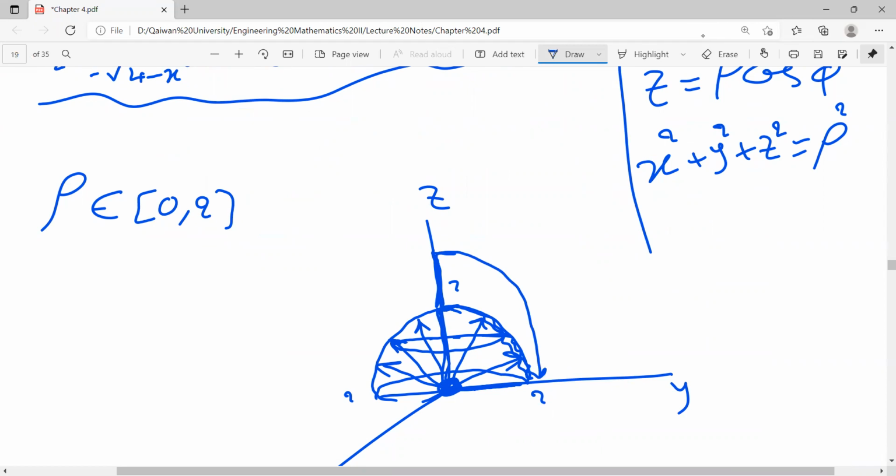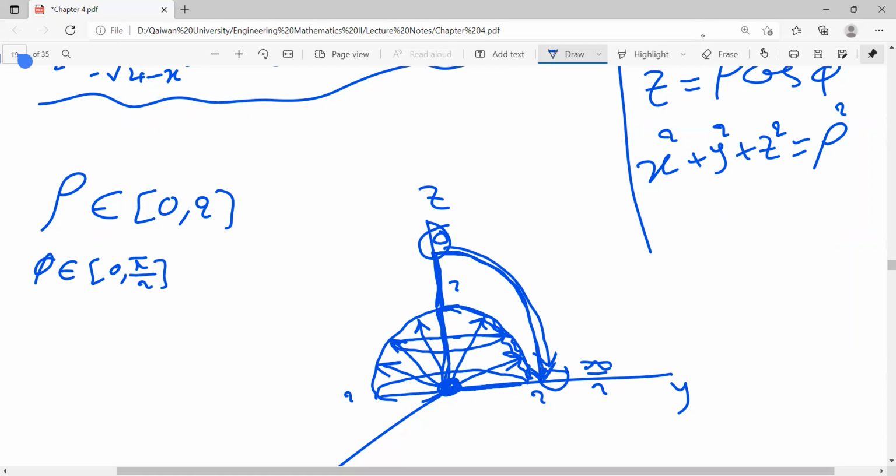That means phi is from 0 to pi over 2. From this angle to this one is from 0 to pi over 2, because z is perpendicular to the y-axis. That means phi belongs to 0 to pi over 2.